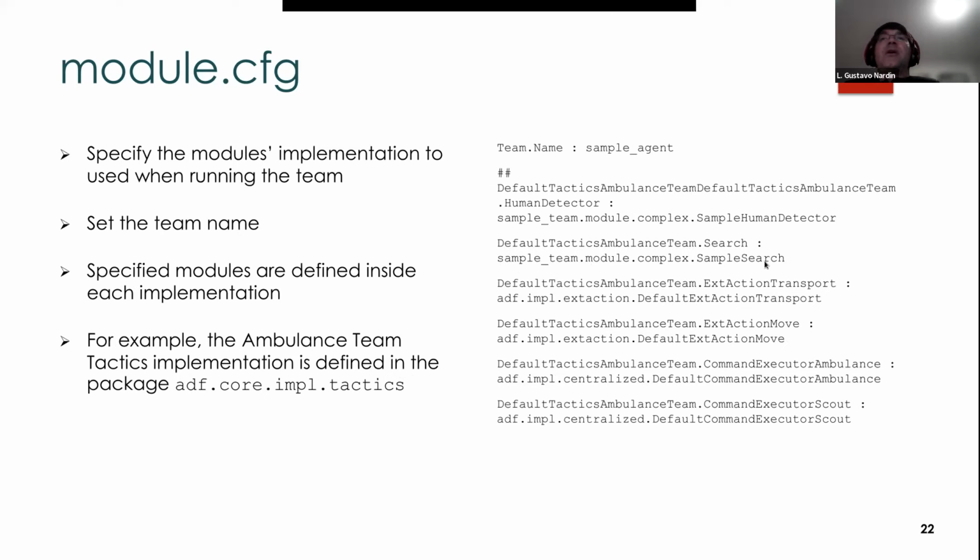So when the default tactic is using the search method, it will use the search that is implemented in this package, simple team module complex simple search. Later on, we will see that we can change the implementation of the search without changing anything in the ADF core.